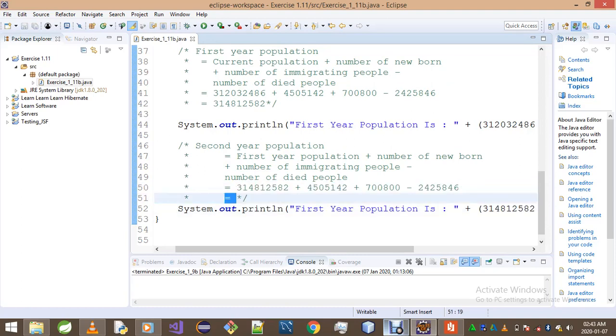Okay. And the answer to this is actually, it's better if I put everything. Or let me just leave it out.